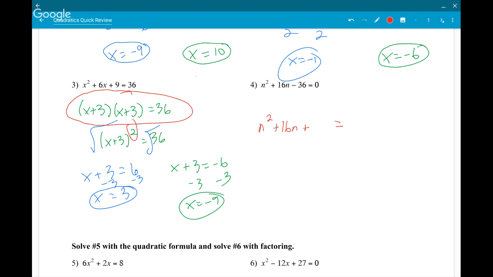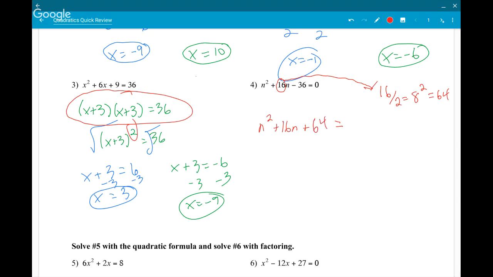I don't want that negative 36 in there. The way you figure out what you want that third number to be, we had a little shortcut. We take our 16, cut it in half, that's 8, and then we square it. That's 64. So what we want that last number to be is 64.